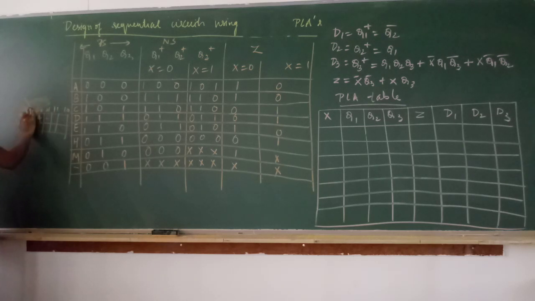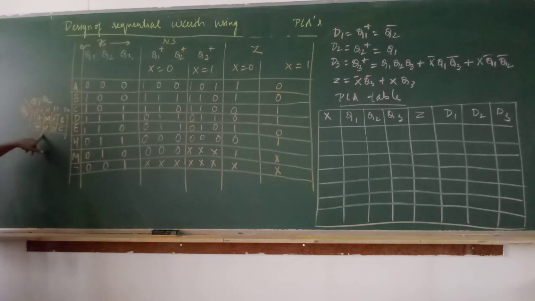This is Q1, Q2 and this is Q3. 1 0 0 is B. 1 0 1 is C. 1 1 1 is D. 1 1 0 is E. 0 1 1 is H. And M is adjacent to it, so it is 0 1 0. So this is M, and this was don't care. So like this we have assigned, if you remember: A, M, E, B, C, D, H.